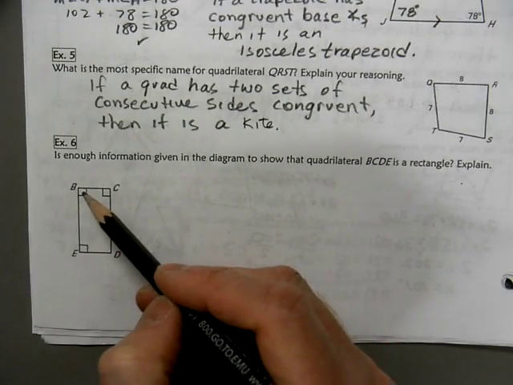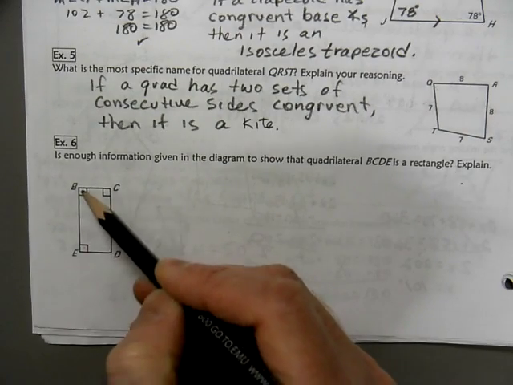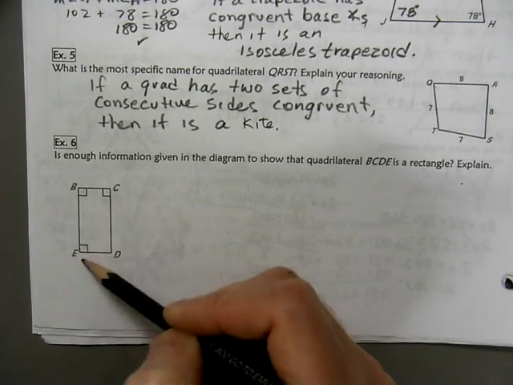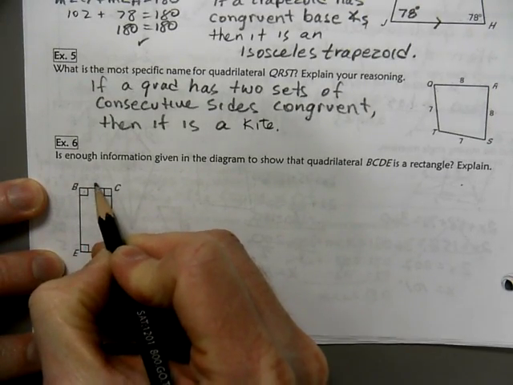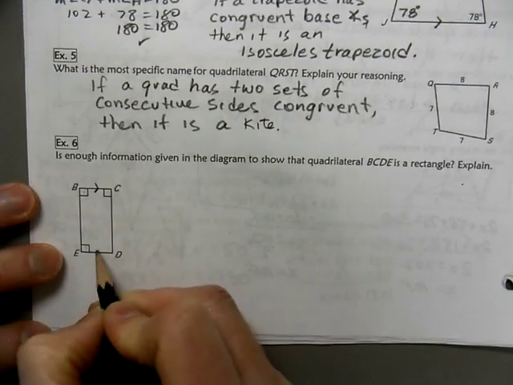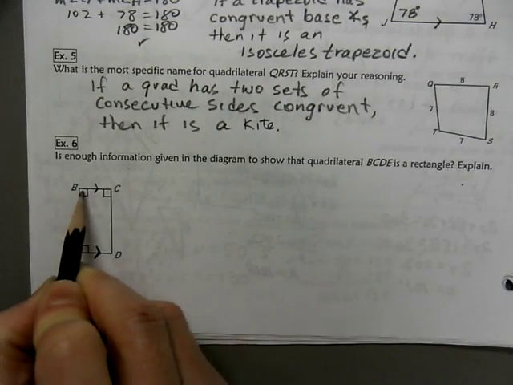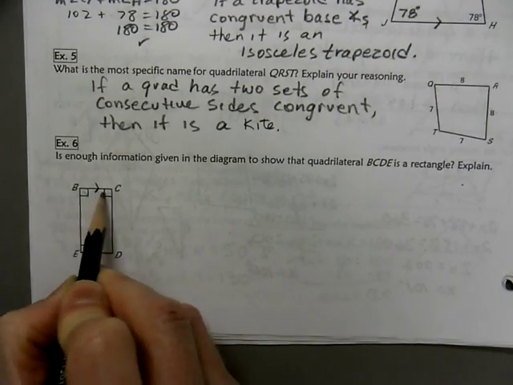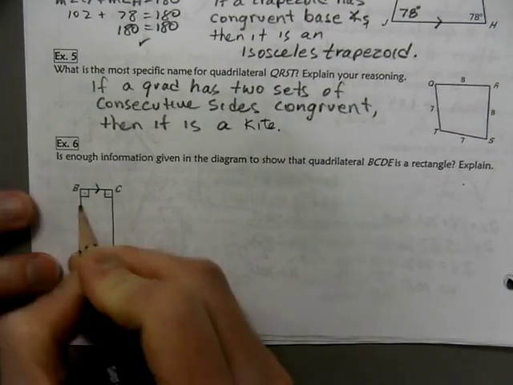And let's see, if we have consecutive angles that are congruent, that's going to make them not just congruent, but supplementary. That's going to make these parallel to each other, because these two are supplementary.